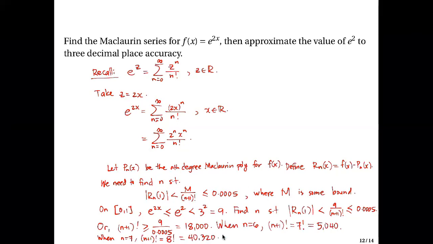This means we have to take n equals 7, because this one will be greater than 18,000. If you chose n equals 6, we'll just get 5,040. So we take n equals 7.